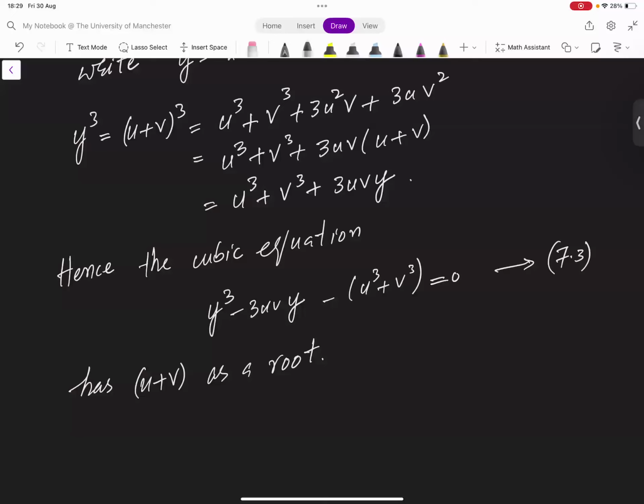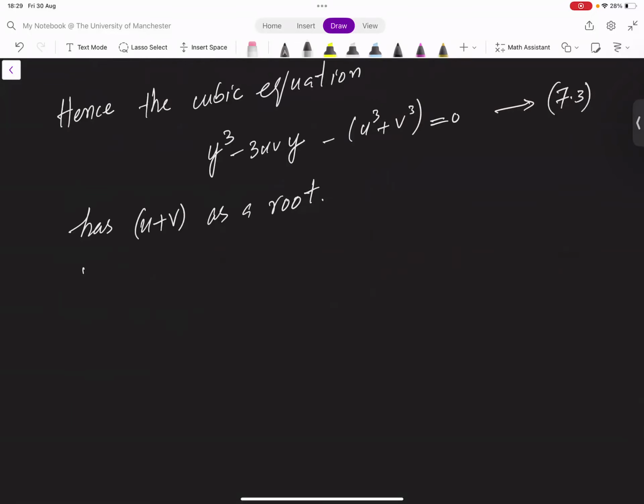Now this is interesting. Our aim now is to find u and v so that the coefficients in equations 7.2 and 7.3 are matched up.